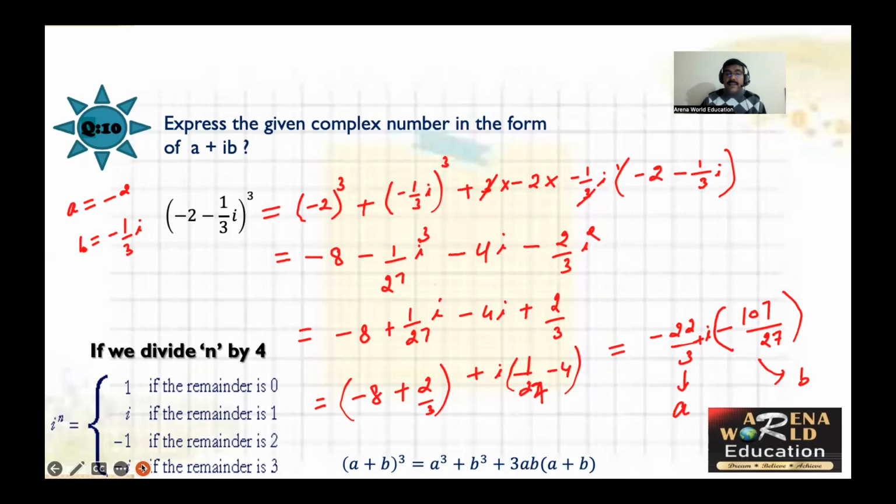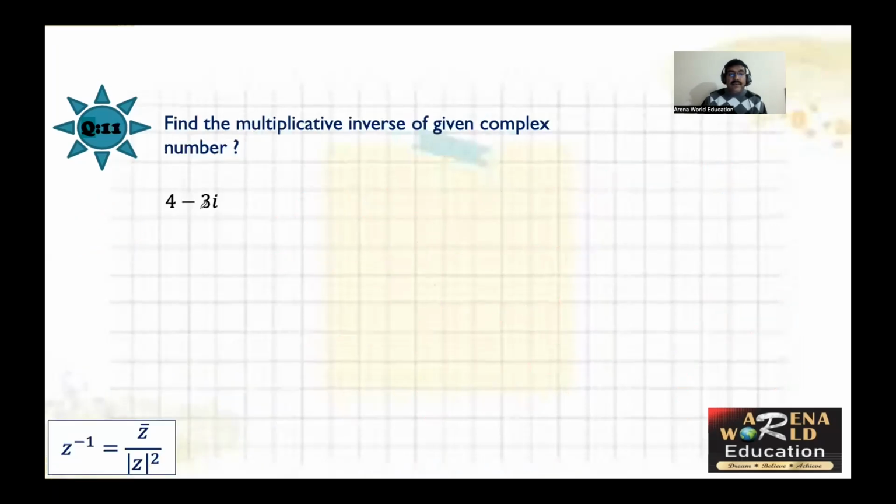Now question number 11. Find the multiplicative inverse of the given complex number. In this question, we have to find the multiplicative inverse, and we had already discussed how to find it.